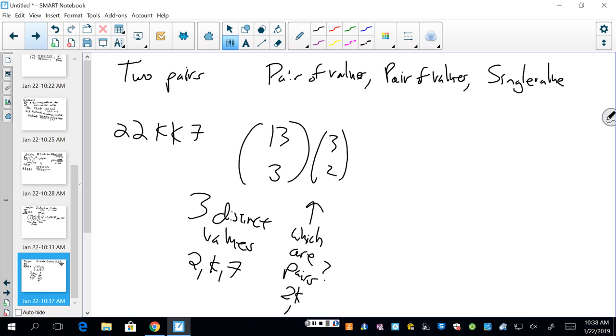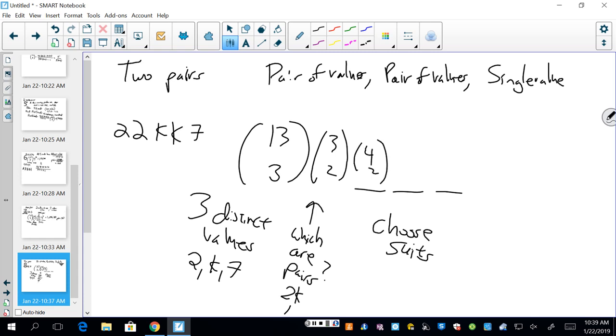Now we have to choose the suits. So for the 2s, we have to choose the suits. There's 4 suits, and they need 2, say clubs and hearts or something like that. So there's 4 choose 2.